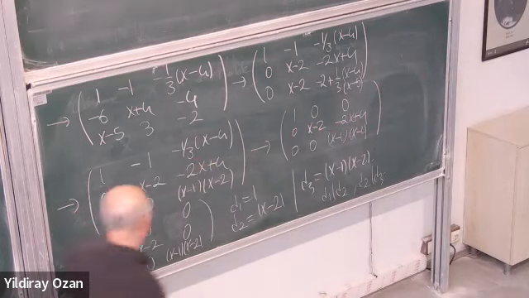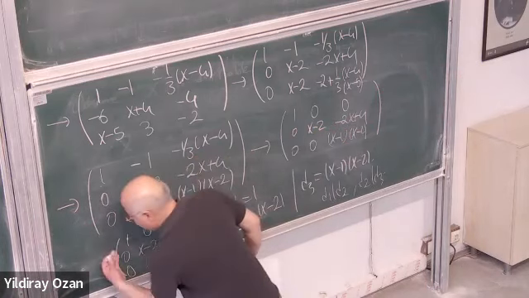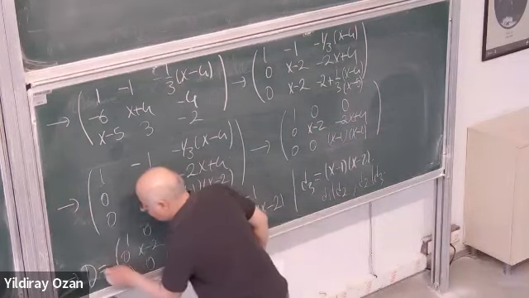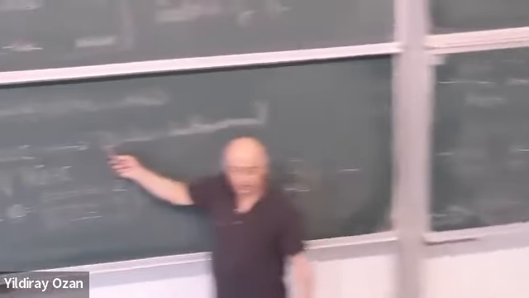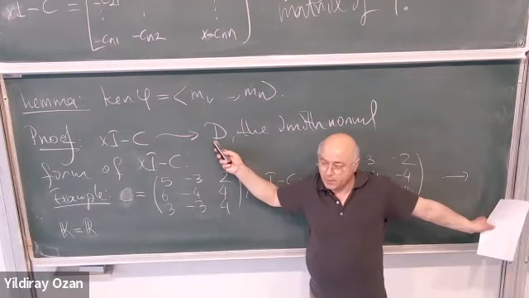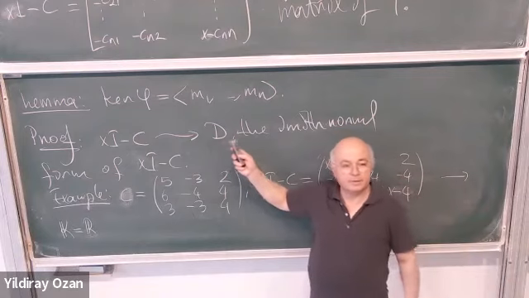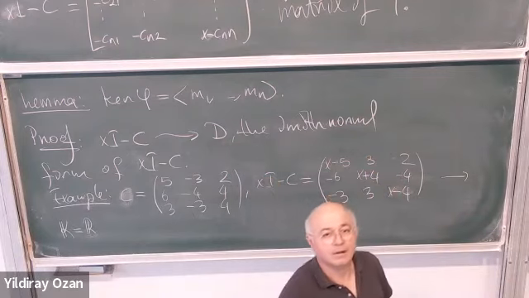So this is my symmetric normal form. So my D, this D is that symmetric normal form. Tamam mı? Okay.